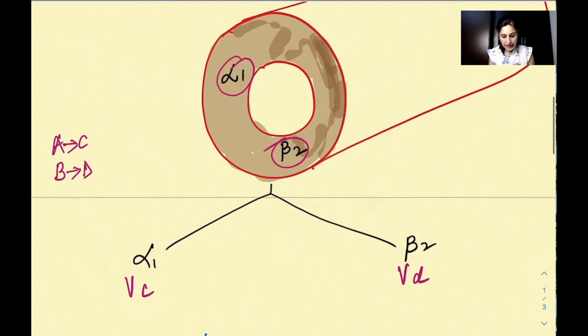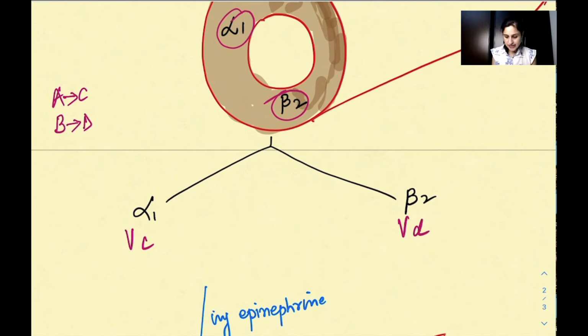Now, what I want to highlight here is that these beta 2 receptors are very, very sensitive receptors. What I mean by sensitive receptor is that even a small dose of epinephrine can stimulate these receptors.